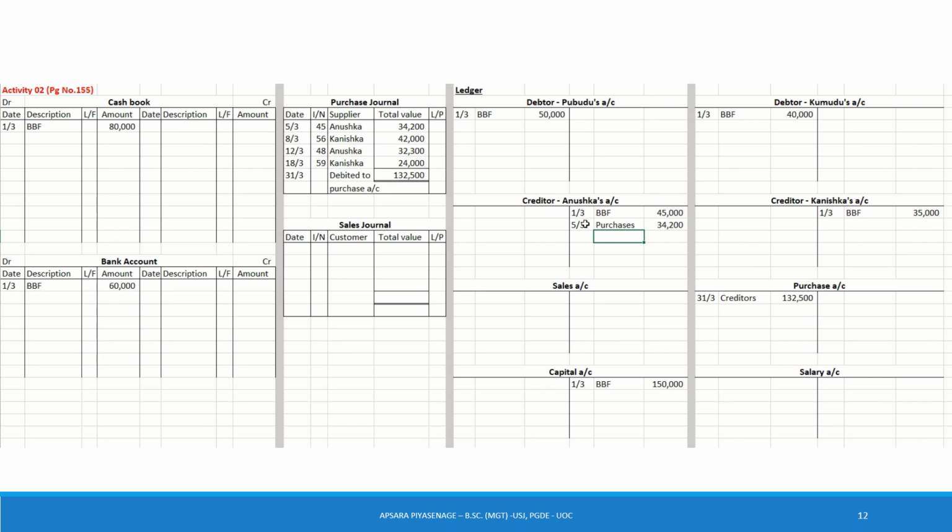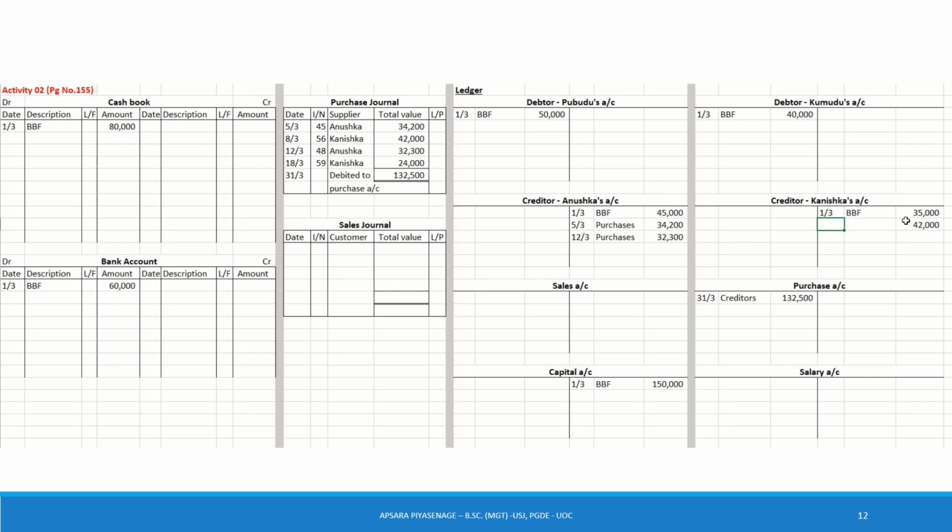Then again on 12th of March also, purchases of 34,200. Then from Kanishka, purchases of 42,000.